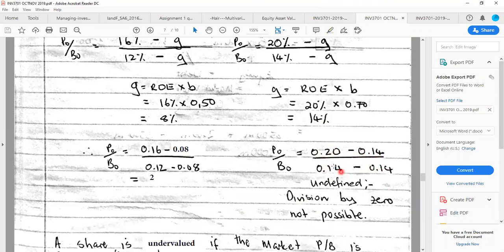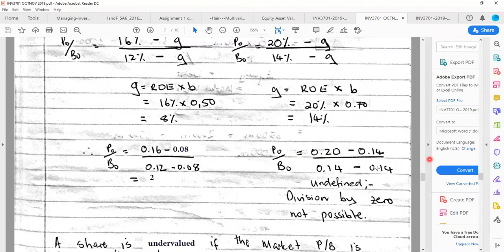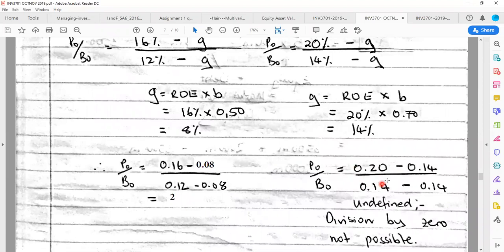You'll find that if you do this calculation, you'll get 0.06 over 0, but we can't divide by 0. So the answer is undefined. Undefined, division by 0 is not possible. So here we cannot calculate the price to book ratio because the growth rate is equal to the required return. Remember, one of the assumptions underlying the Gordon growth model, which is used when we calculate price to book ratios based on forecasted fundamentals, the constant growth model, is that your required return is greater than your growth rate.